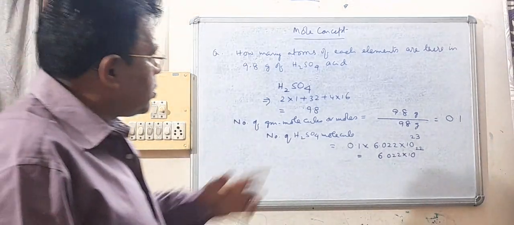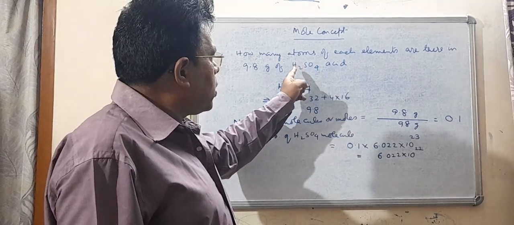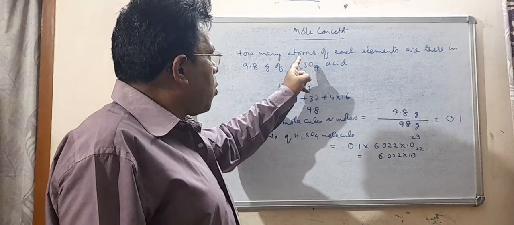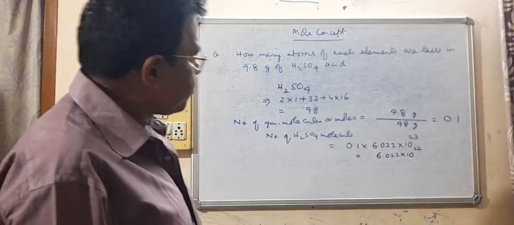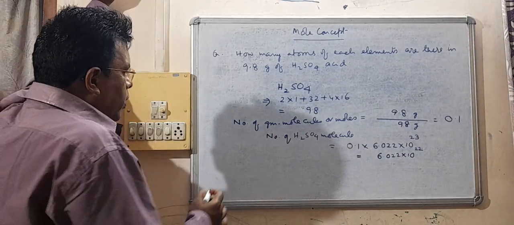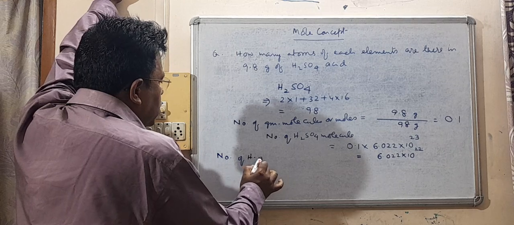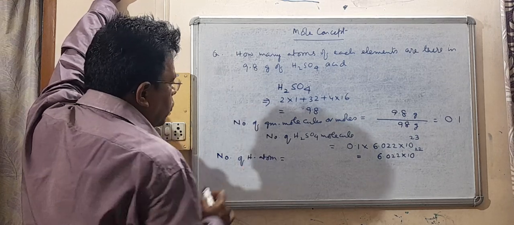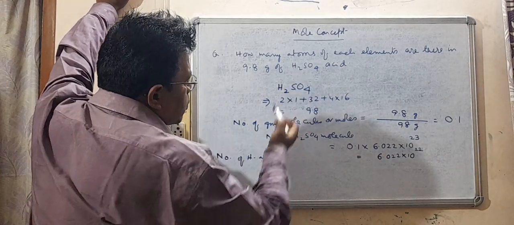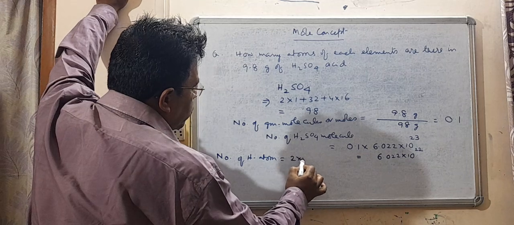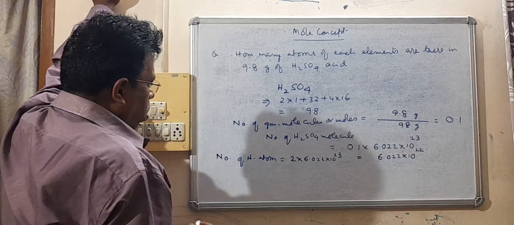Now since you see the formula, this formula tells us that 1 molecule of sulfuric acid has 2 atoms of hydrogen, 1 atom of sulfur, 4 atoms of oxygen. So we can write the number of hydrogen atoms will be, since we have this many molecules and 1 molecule has 2 atoms of hydrogen, 2 into this one.